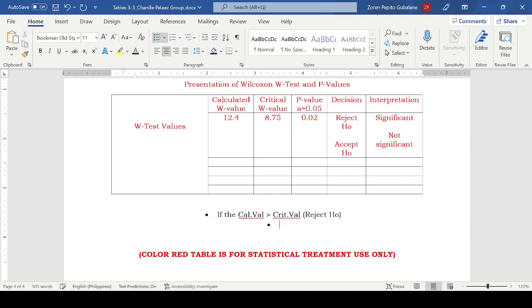Okay? The other way around is simply like this. If the calculated value is less than the critical value, the researcher has to accept the null hypothesis.